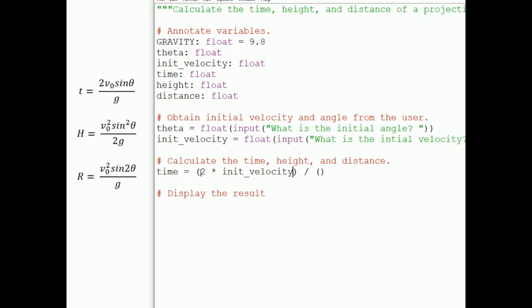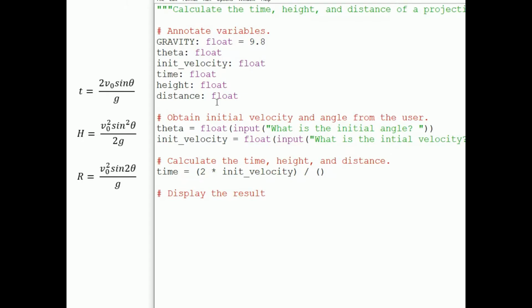And then we also need to multiply that by sine theta. But how do we compute sine theta? Sine is one of the math functions available in the math library, but the sine function does not take degrees as an argument. It takes radians. So we will have to convert theta to radians.